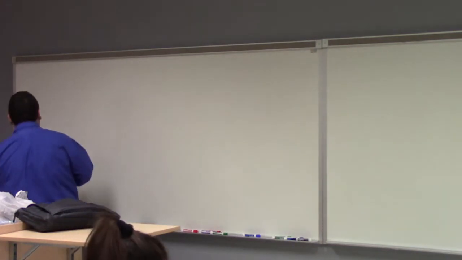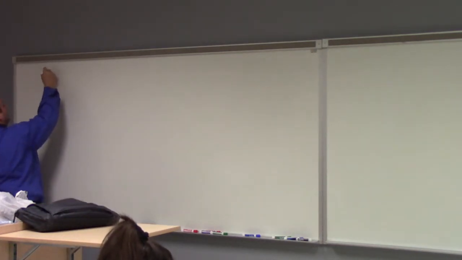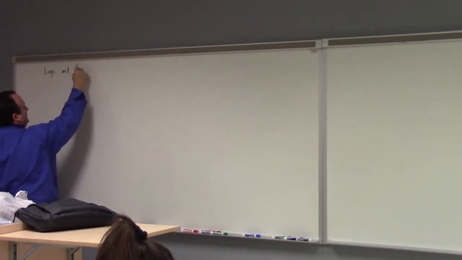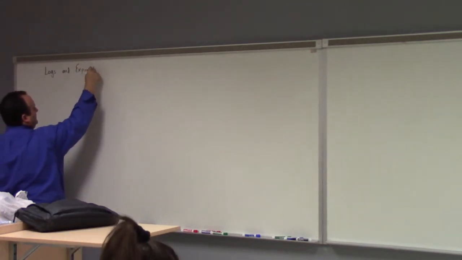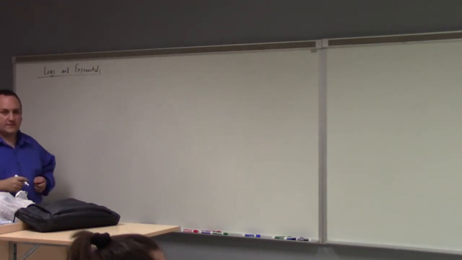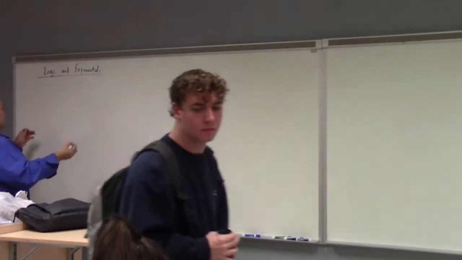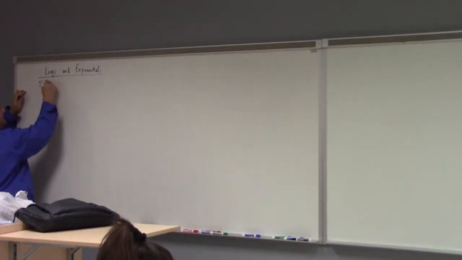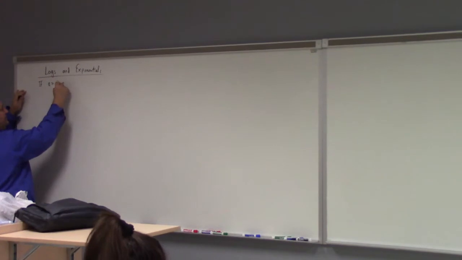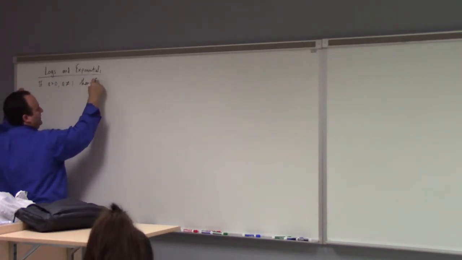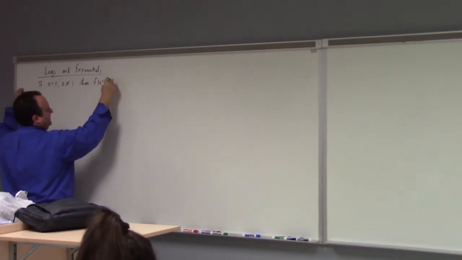So, here we go. Let's talk about logarithms and exponentials. So logs and exponentials. I suppose the first order of business is just to give you the definition, right? So if a is greater than 0 and a is not equal to 1, then f of x equals a to the x.